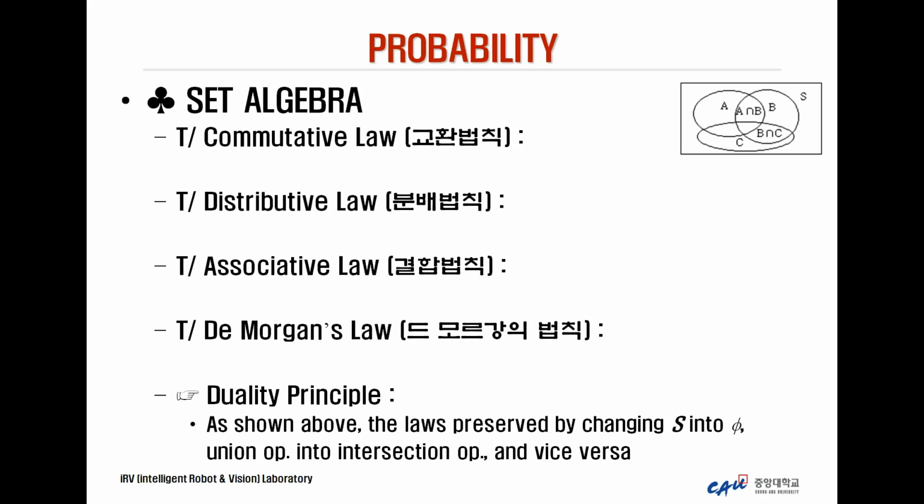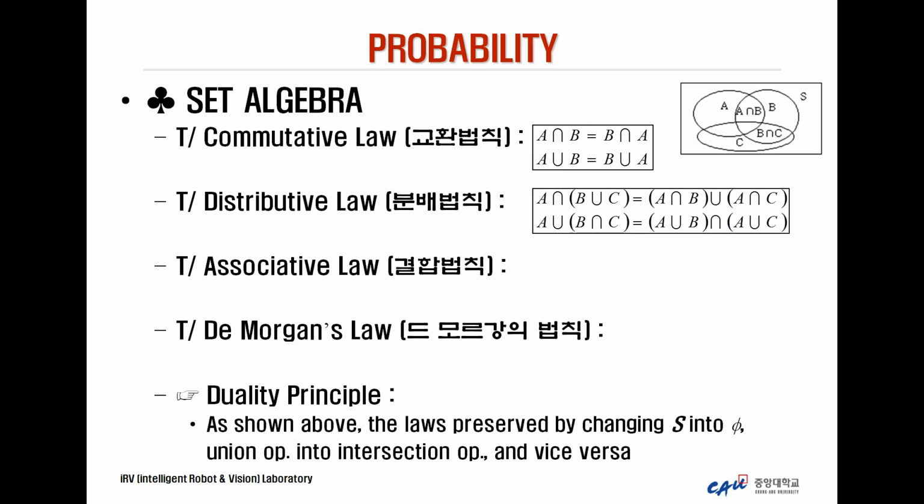Okay, now we switch to set algebra. We have a couple of theorems relating to this set algebra. The first one is the commutative law, 교환 법칙 in Korean. It says A intersection B is the same as B intersection A, and A union B is the same as B union A. So you can switch the order of the operations. The second one is the distributive law, 분배 법칙 in Korean.